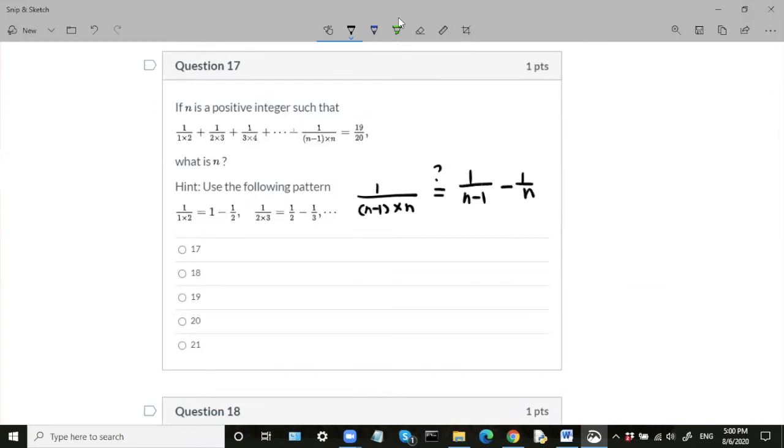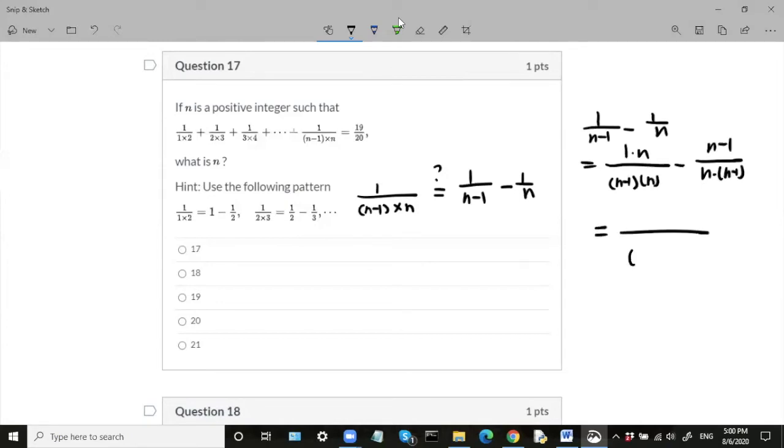Let's prove it. 1 over n minus 1 minus 1 over n. We have a common denominator, n minus 1 times n. We subtract the numerator, n minus (n minus 1). The n cancels, negative negative 1 is 1. So 1 over n minus 1 times n. We proved it.